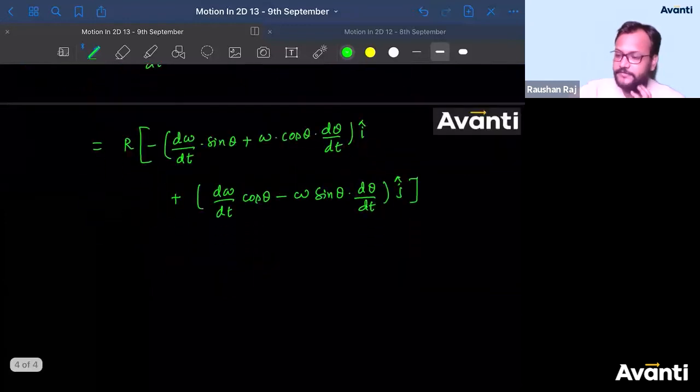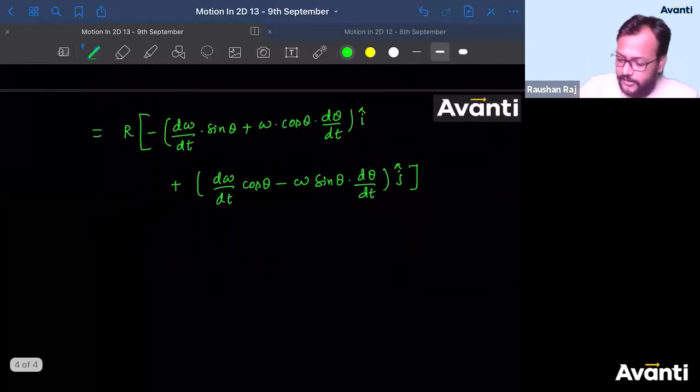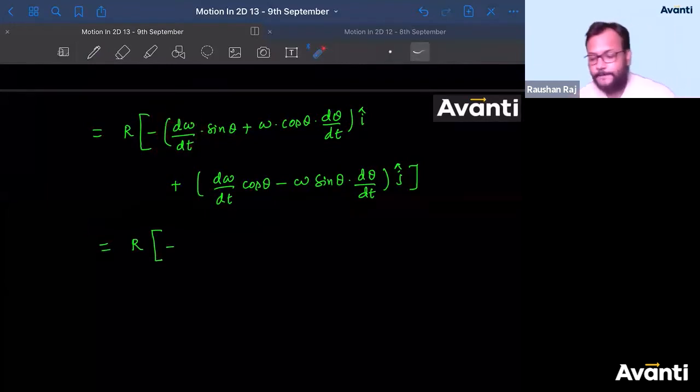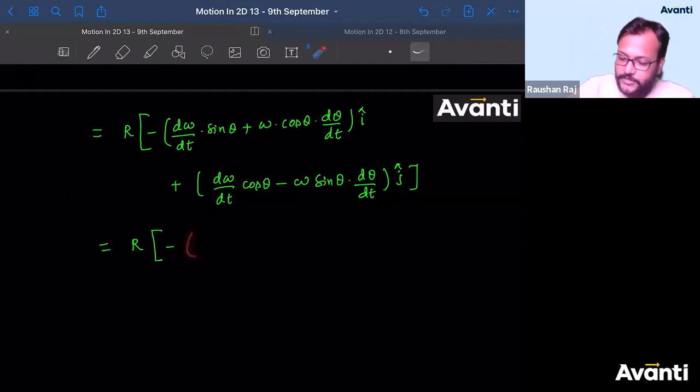Let us simplify it further. R is common, I have taken it out. Tell me guys, what is d omega by dt? It's alpha, right?